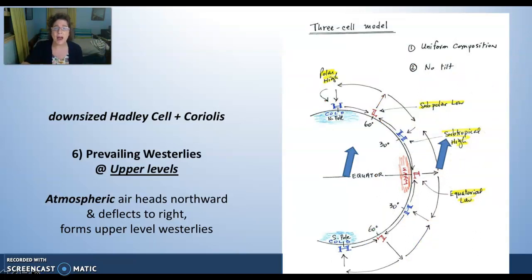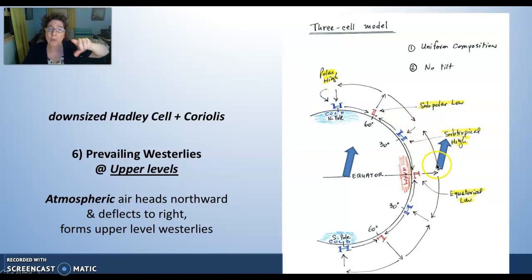In addition, and later, the model helped explain the prevailing westerly winds aloft in the upper levels. Because think about it, these air molecules are rising warm air molecules from the equator, then moving north.